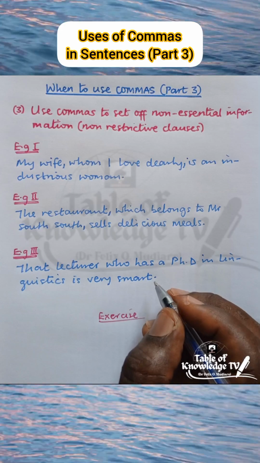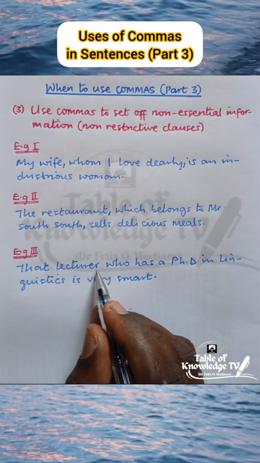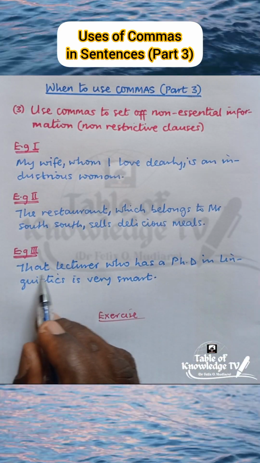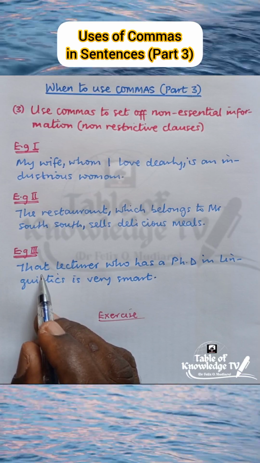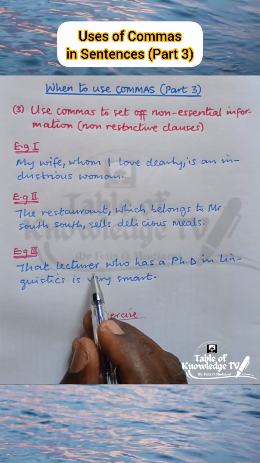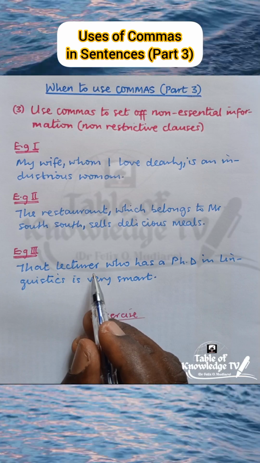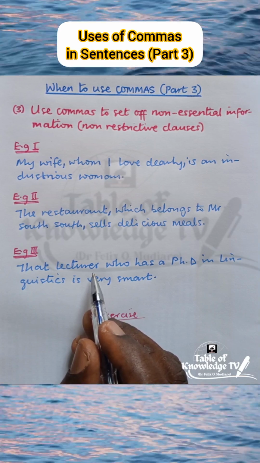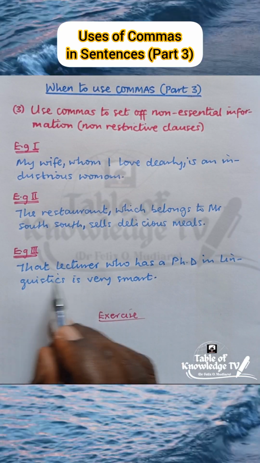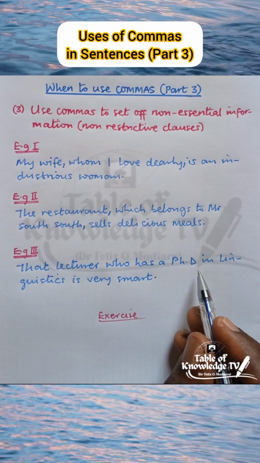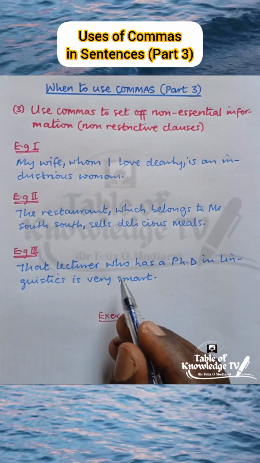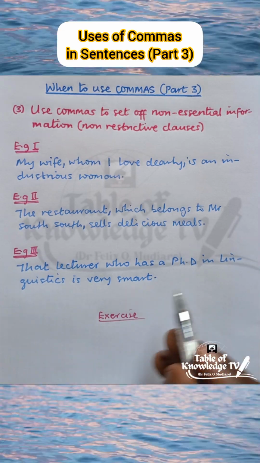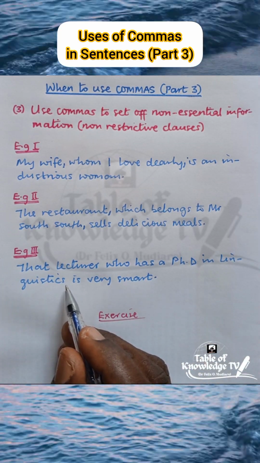Now look at this sentence. That lecturer. The use of "that" already indicates that the person speaking is probably even pointing at the lecturer so that the person to whom he or she speaks can easily identify the lecturer. So that we have that lecturer who has a PhD in linguistics is very smart. This clause, who has a PhD in linguistics, is a non-essential information.